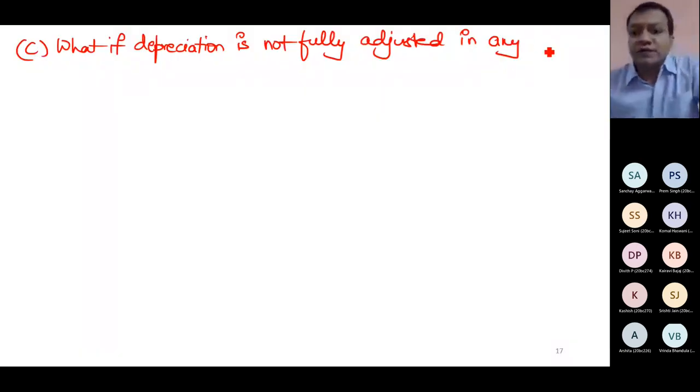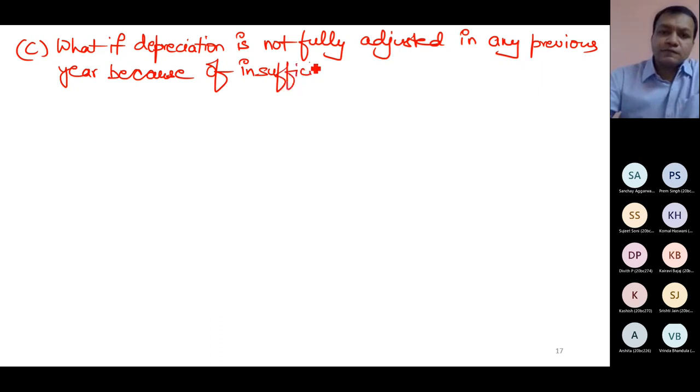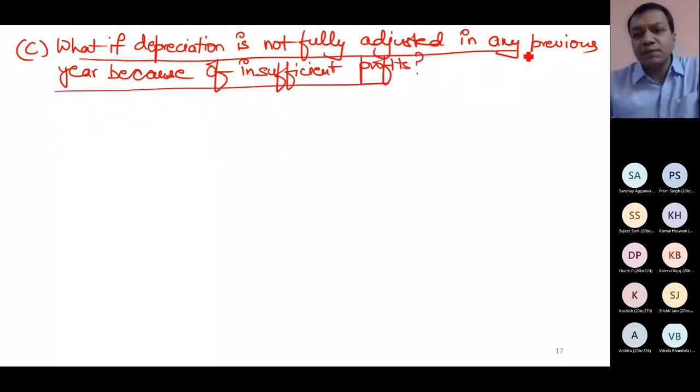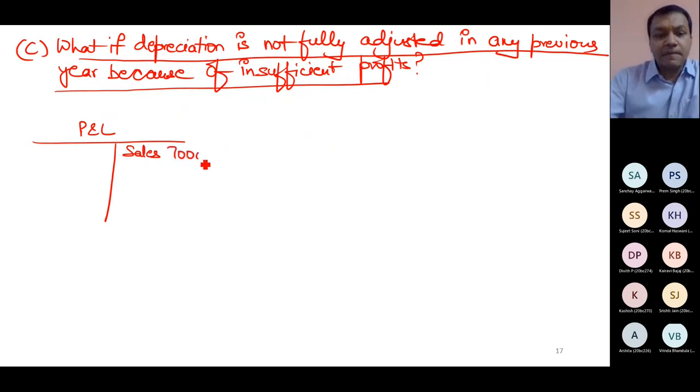What if depreciation is not fully adjusted in any previous year because of insufficient profits? This point I will tell you later on. Now suppose in my P&L account, my sales are 70 lakh, my office expense is 72 lakh.